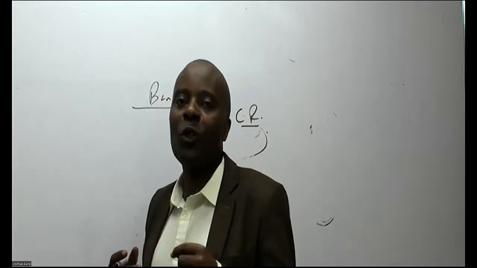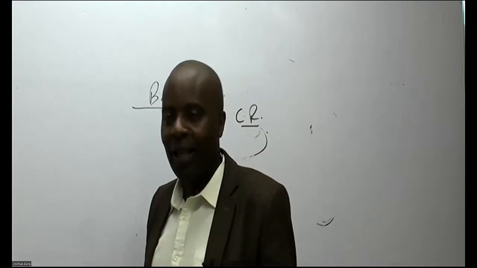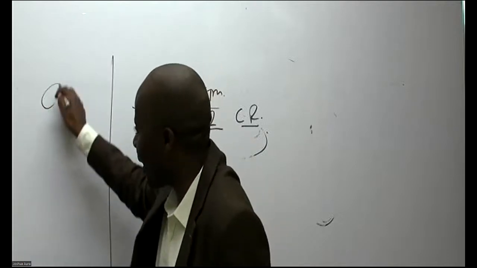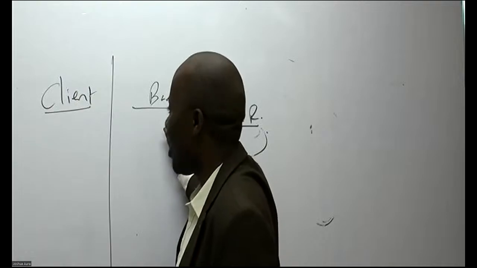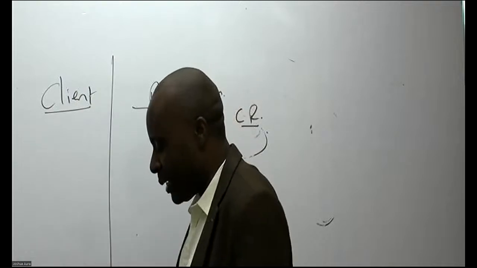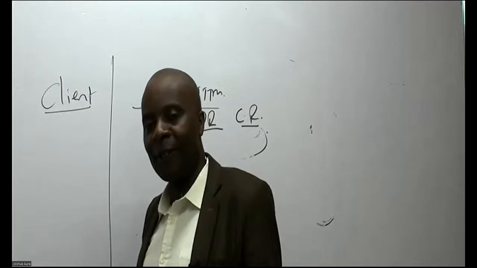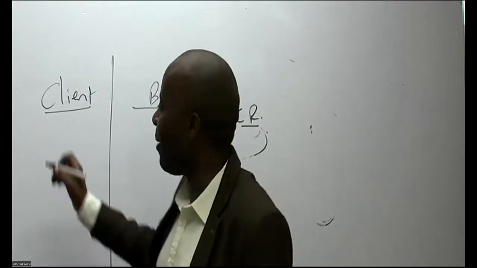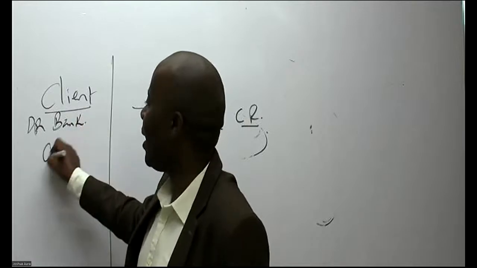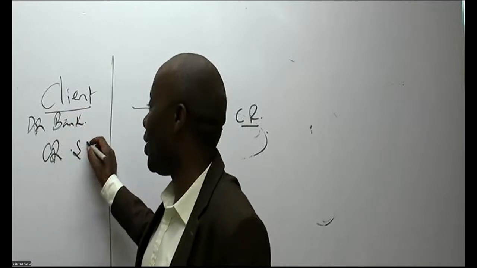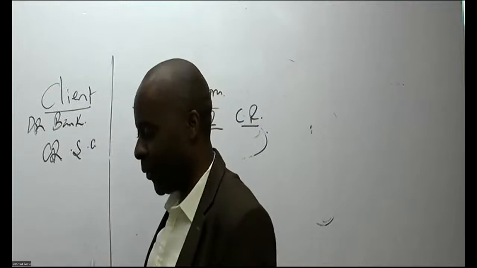When I take money to the bank as a client, please look at this mirror image. This is the client here, and of course we have our bankers. So when I have my money, for example, I've introduced capital to the business, I'll come here and say debit bank, because I've taken the money to the bank. And then I'll credit the ordinary share capital with a million.